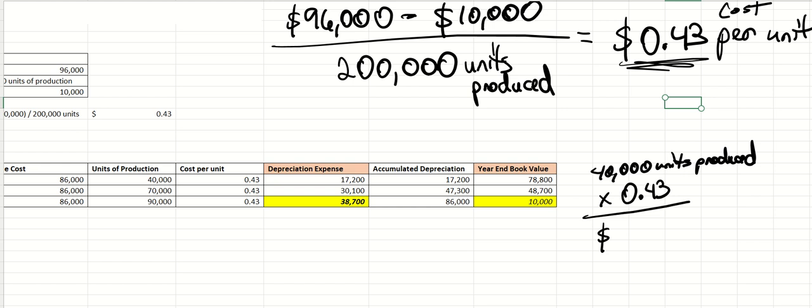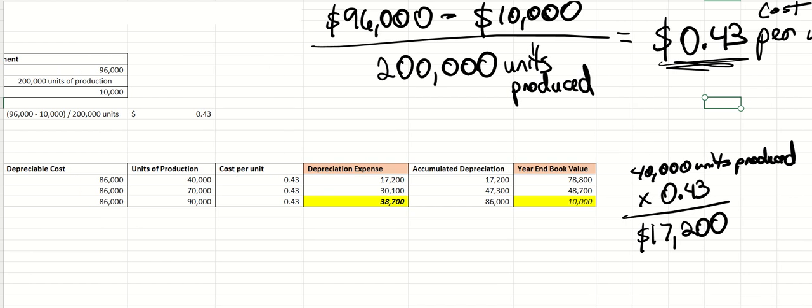That's going to give us $17,200. That depreciation expense is pretty large, but it does align with the units produced, which is good. Accumulated depreciation is going to be the same amount, $17,200. So the year-end book balance is going to be $78,800, which is taking the $96,000 and subtracting out $17,200 to get that ending book value.